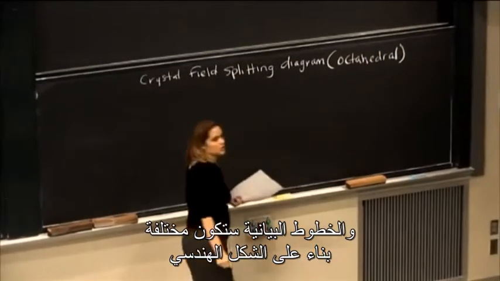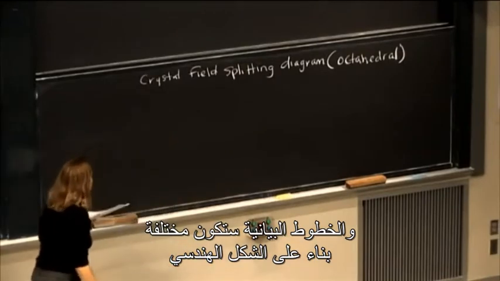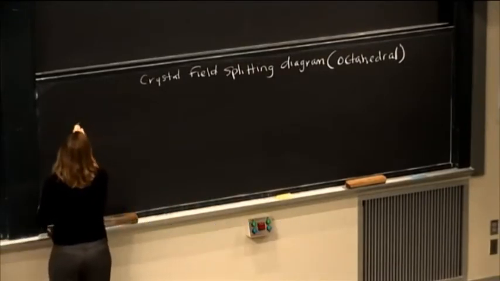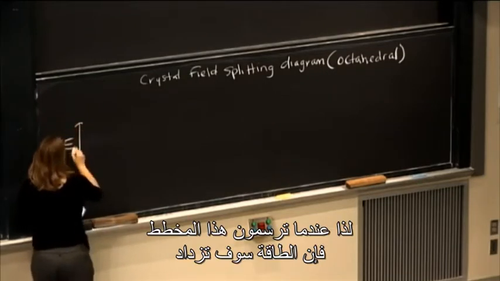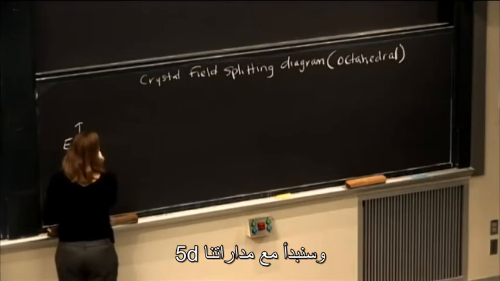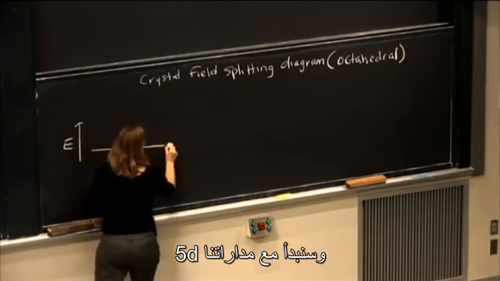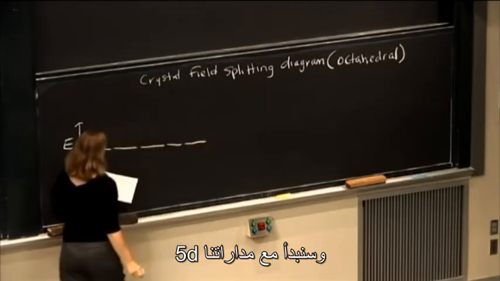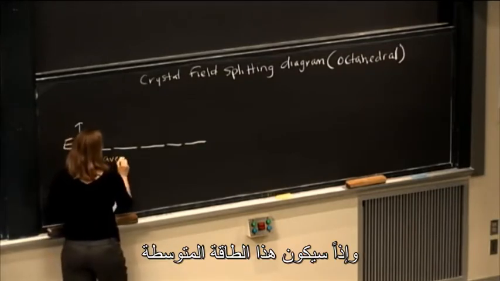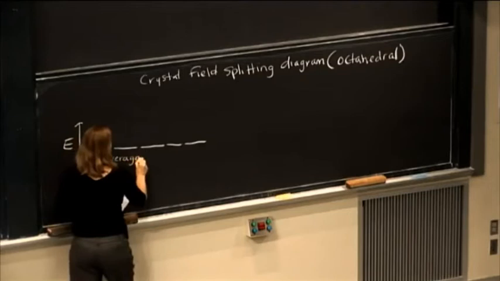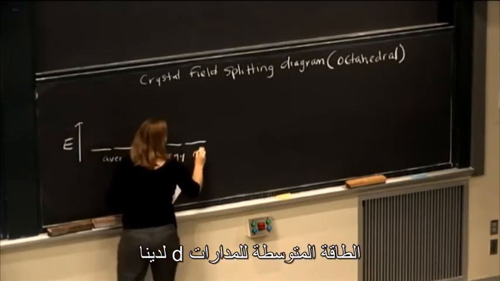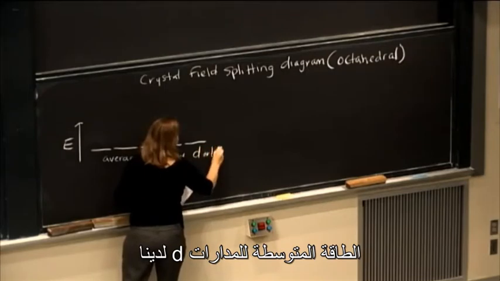And the diagrams are going to look different depending on what the geometry is. So when we draw this diagram, energy is going up, and we're going to start with our 5 d orbitals. And so this is going to be the average energy of our d orbitals.